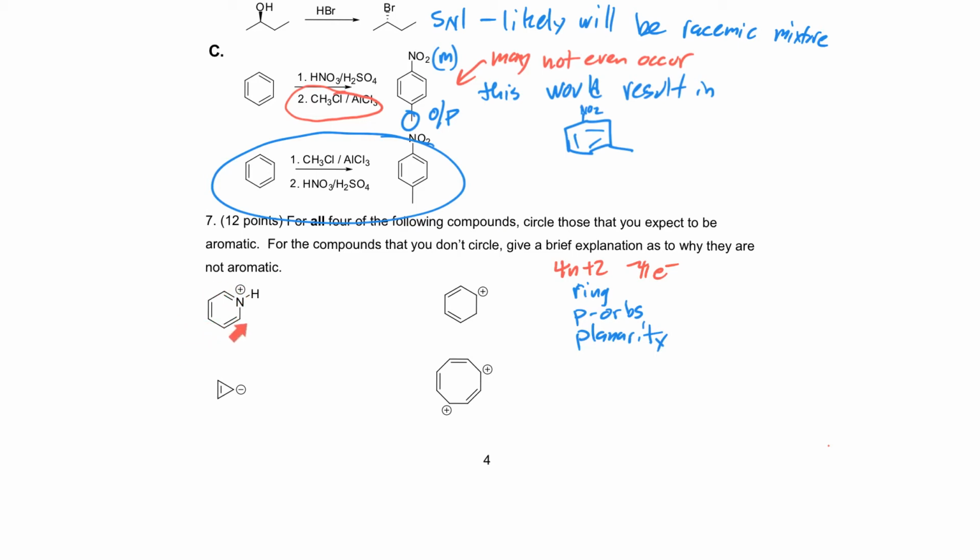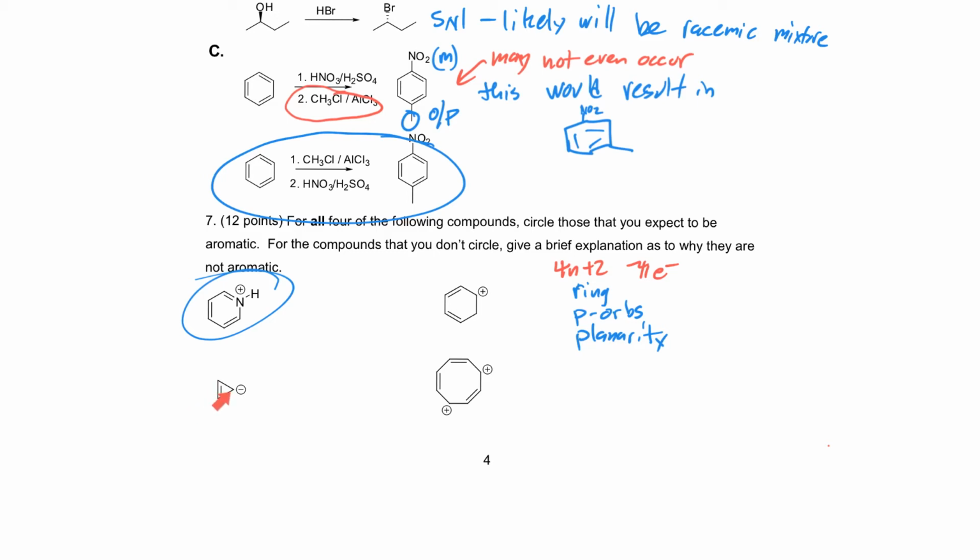Here we have pyridinium cation. This is just pyridine with an extra hydrogen. It does have the 3 pi bonds, which gives us 6, which is equal to 4n plus 2. They're in a ring, they're planar, they're all p orbitals, so I'd say that's definitely going to be aromatic.